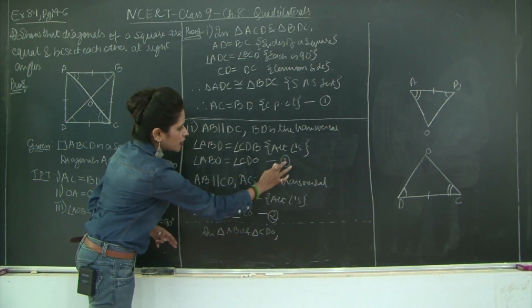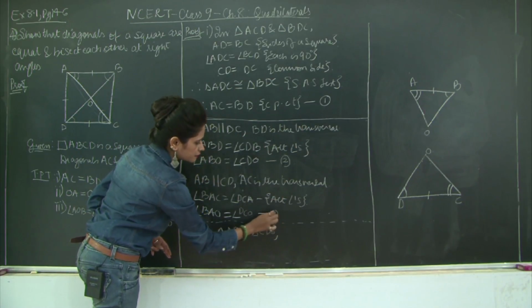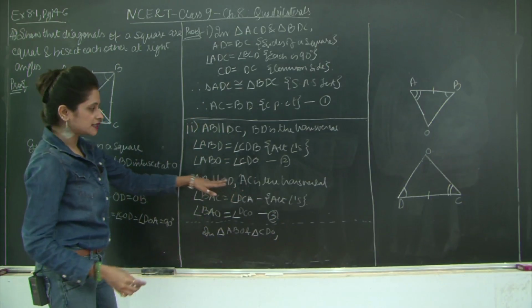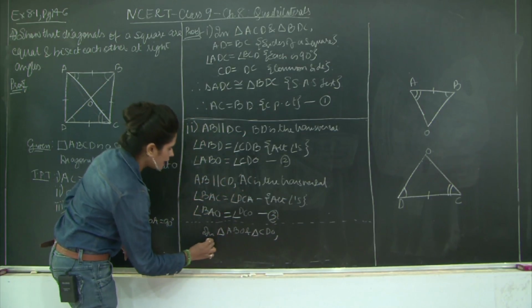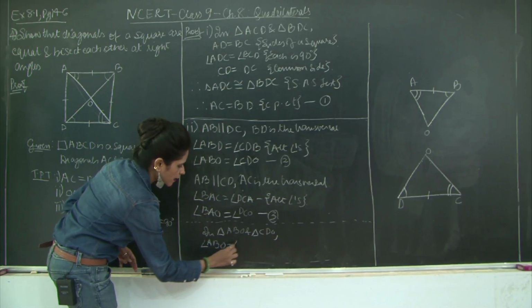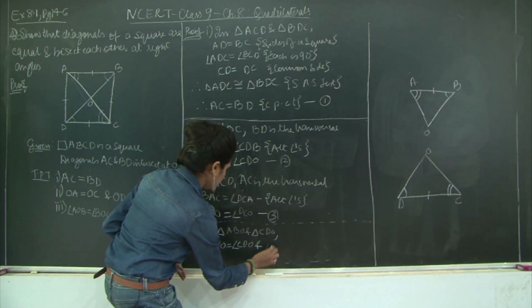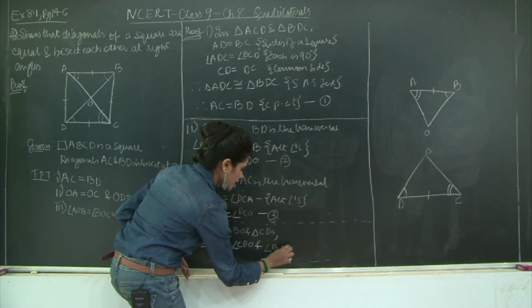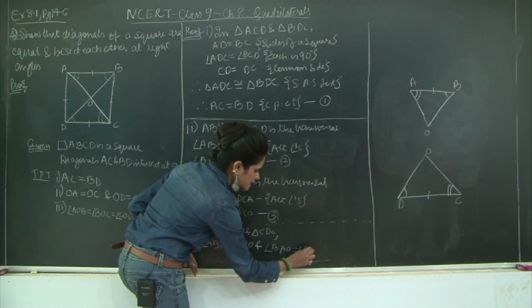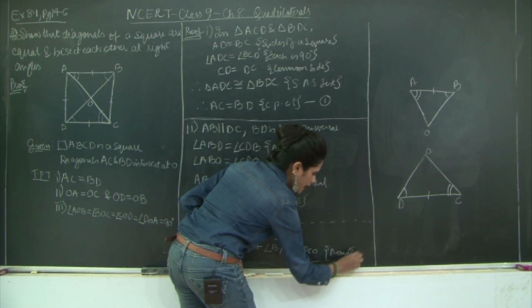Let us mark this as 2 because we have 1 there and this as 3. I have angle ABO is equal to angle CDO and angle BAO is equal to angle DCO, from 2 and 3.